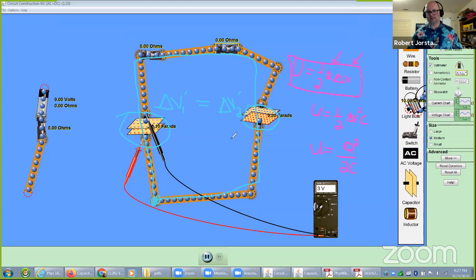Let me put it to you like this. Some of these electrons came over here and they covered up some of the positives, and then even more of them came over and made this plate negative. Remember, this plate used to have its positive terminal up and its negative terminal down. So many of these negatives came over this way, and then some of these negatives came over that way.